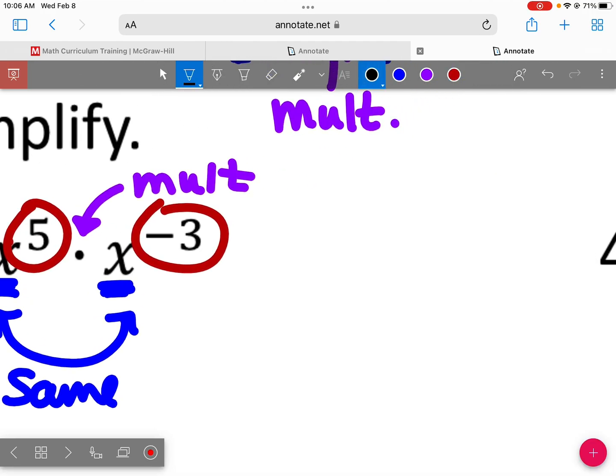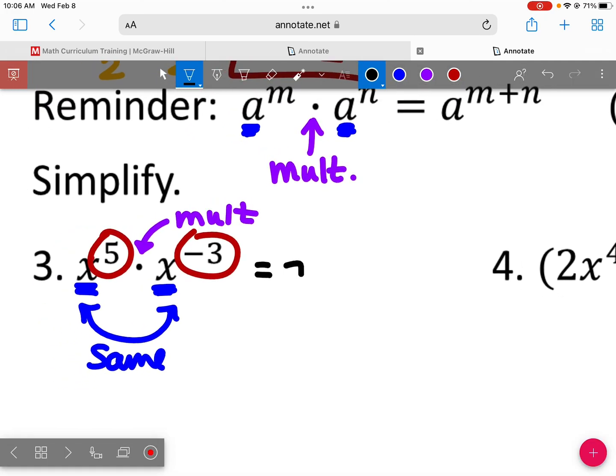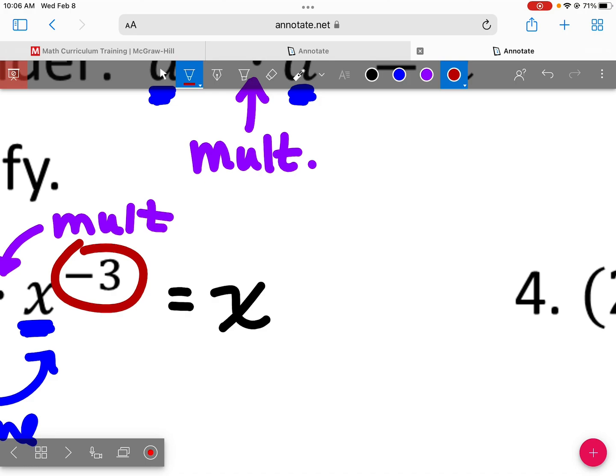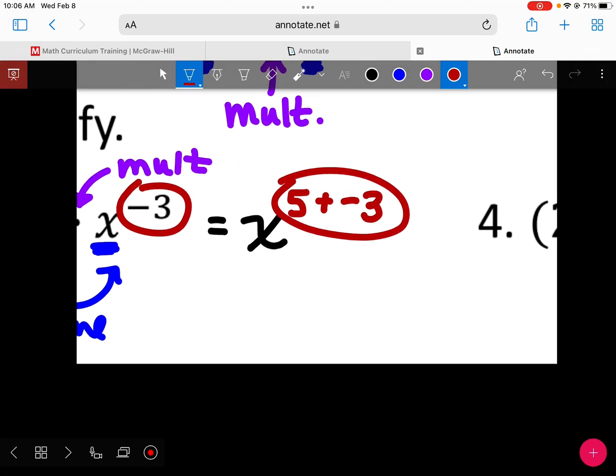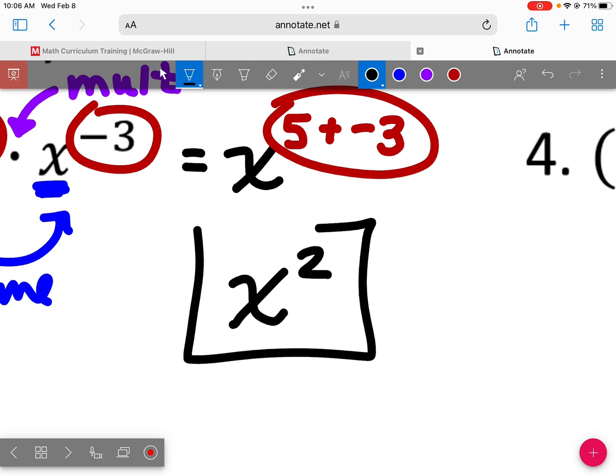Let's finish this problem, and then I'll show you an example. So I would have x to the power of 5 plus negative 3. Now I need to simplify this. What is 5 plus negative 3? Positive 2. So this would be x squared.